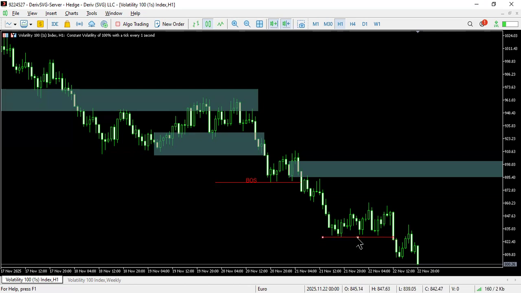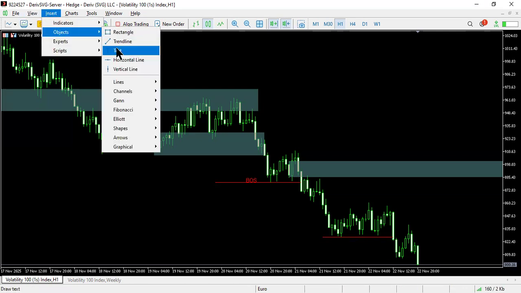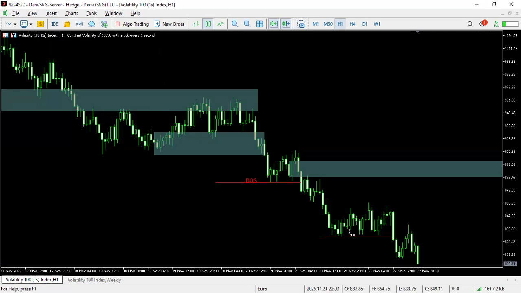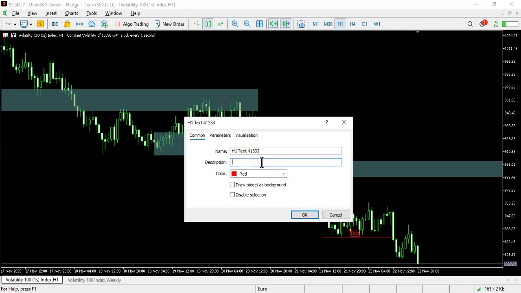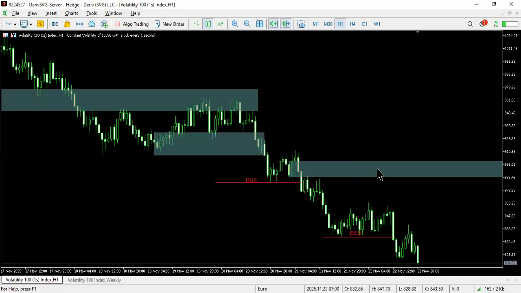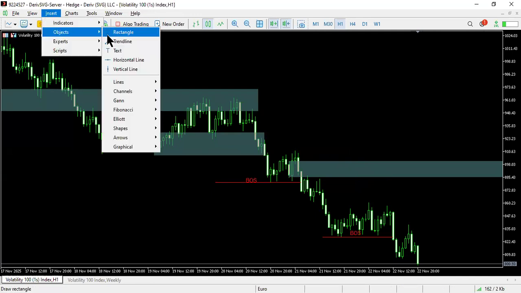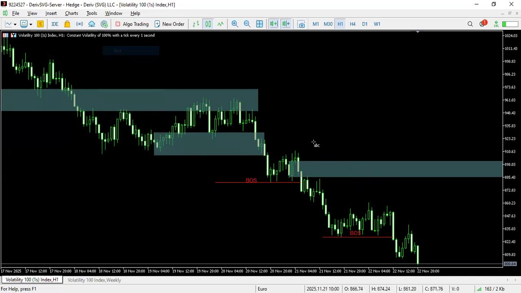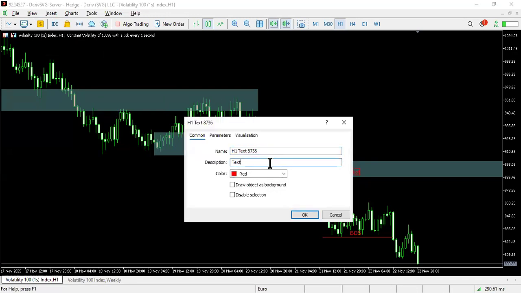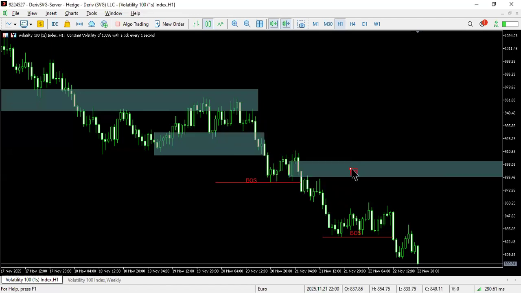So all this is liquidity, the liquidity that price will sweep to go and tap us into that order block there. So that is the order block we're going to be targeting on VIX 100 1S.